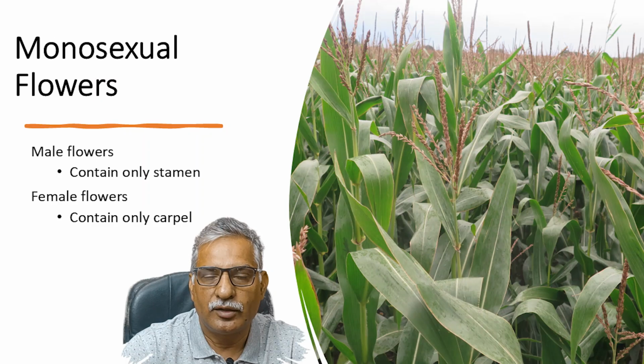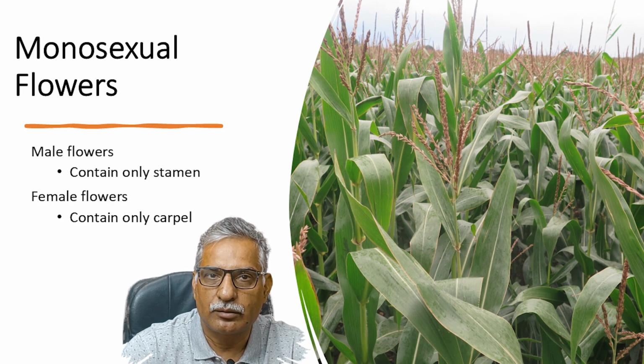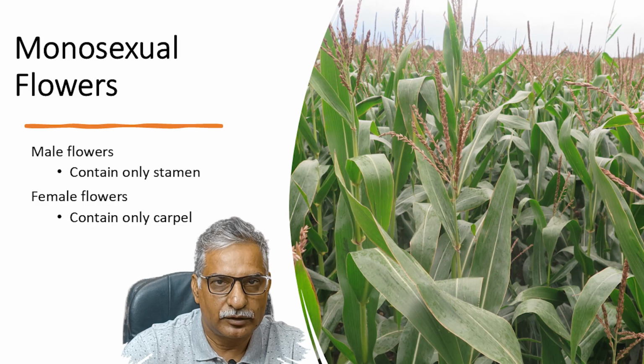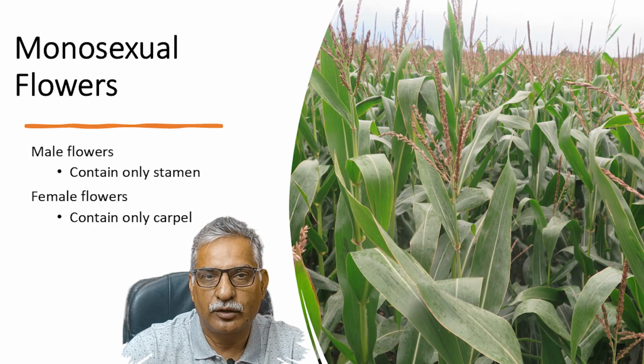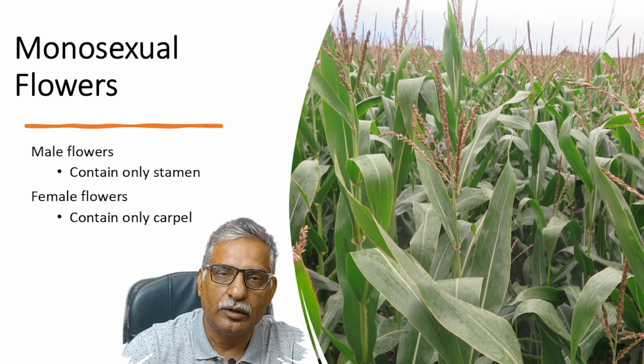Monosexual plants are the ones that produce flowers of two different types. This means they have male flowers and female flowers on the same plant body. If the flowers contain only stamens but not carpel, these flowers are known as male flowers. And the other flowers that grow on these plants, if they have only carpel but no stamen, are taken as female flowers.